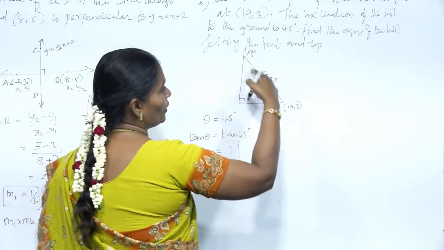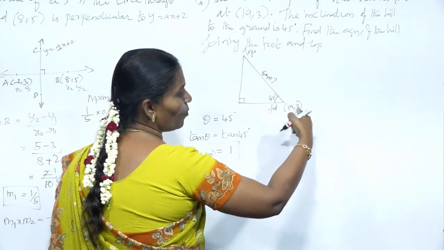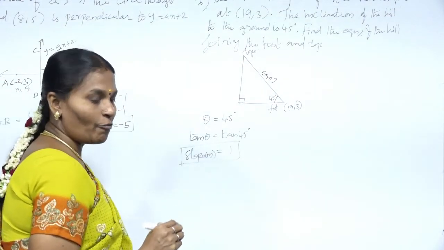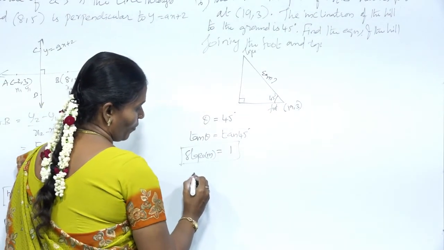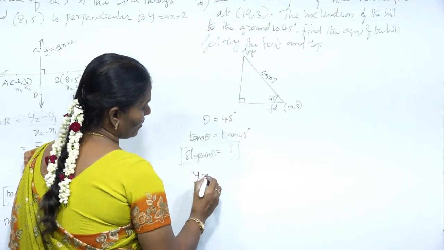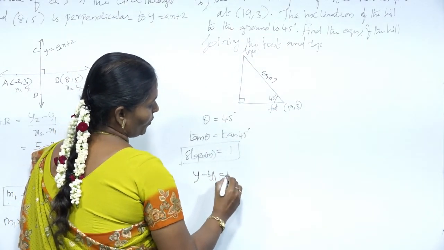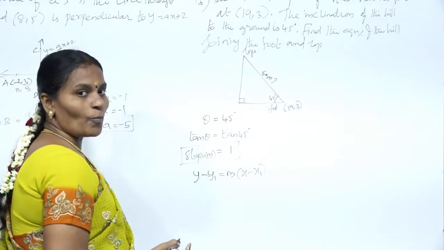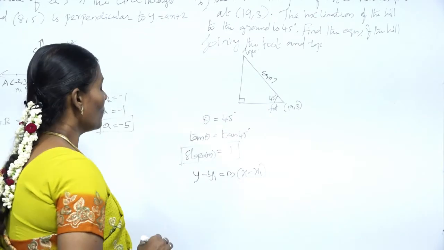So now you know the slope and one point. So we apply the slope-point form. What is the slope-point form? y minus y1 is equal to m of x minus x1. This is the slope-point form.